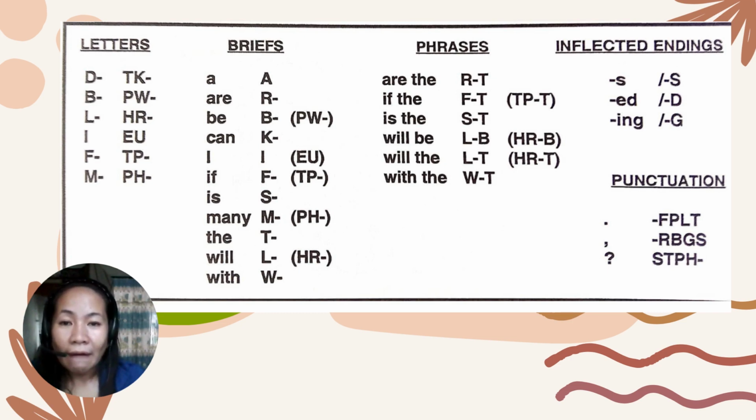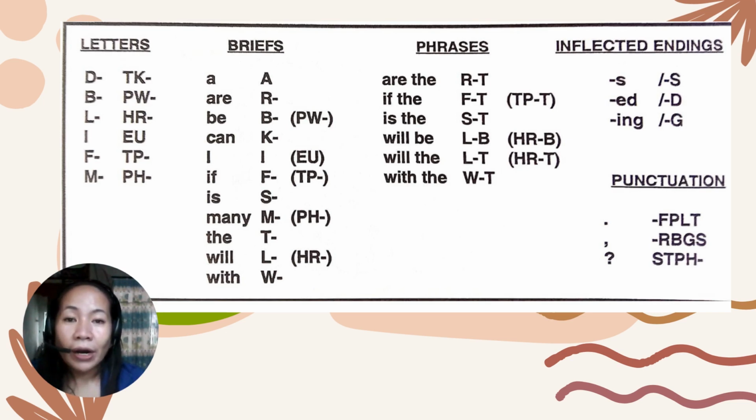For if, we have the stroke TP. For S, we have the letter S. For many, we have the stroke PH, which stands for M. For the word the, we have the initial T. For will, we have initial L, with the strokes HR. For the word with, we have the initial W.